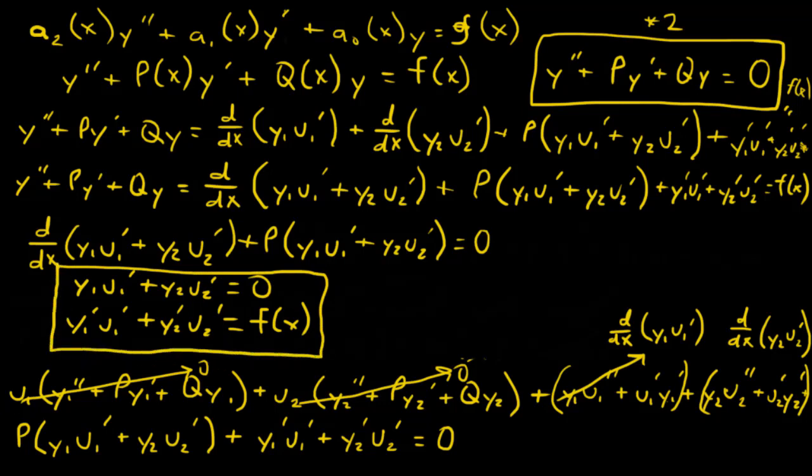Look what we have here. We have a system of equations that will allow us to solve for u1 prime and u2 prime. If I can solve that, all I have to do then is take the integral, and I've got my u1 and my u2.